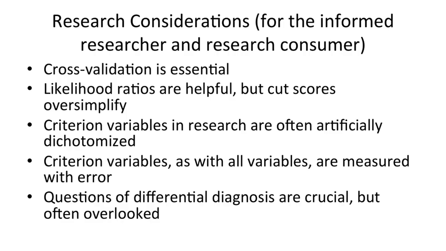Even blood work, even height and weight, remember there's error. And questions of differential diagnosis are very important to you. Research hasn't caught up in that yet. That would essentially include, does the person have schizophrenia or bipolar disorder? Does the person have Alzheimer's dementia or Lewy body dementia? Important considerations. It's good when you can find it, but very often the research has not caught up to that yet.